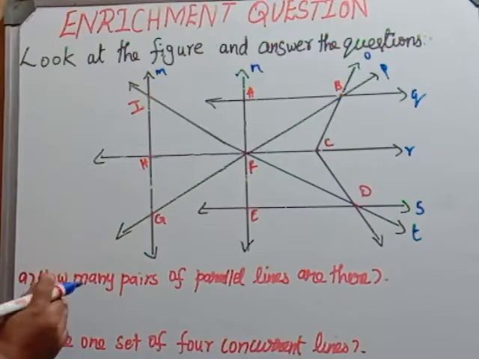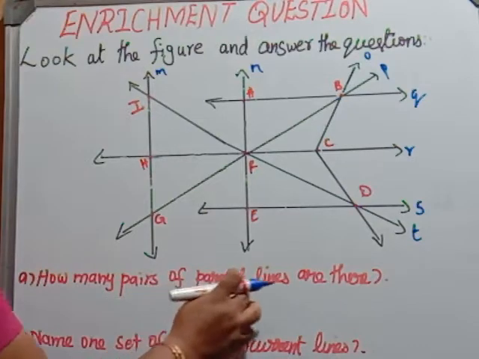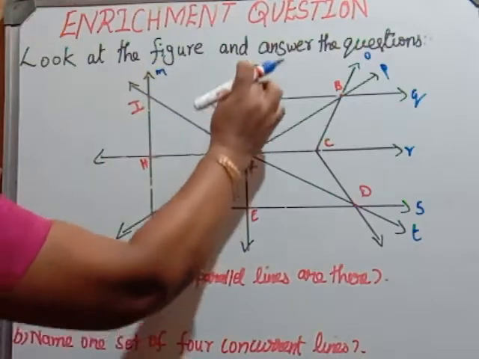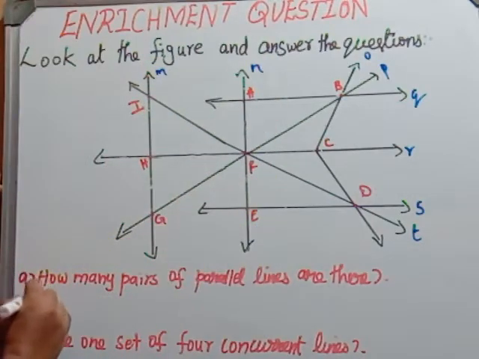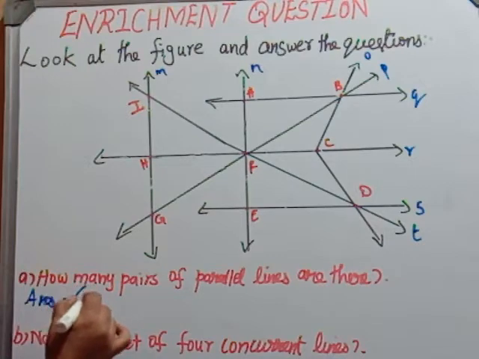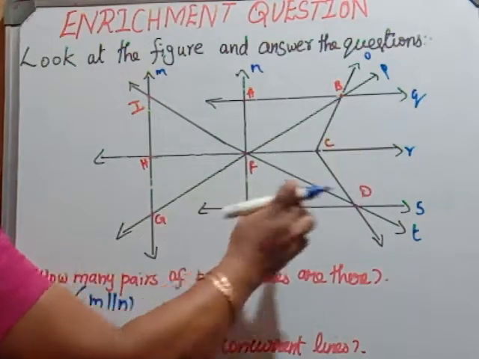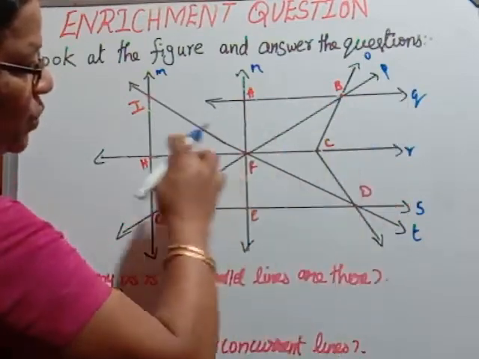Now, first question. How many pairs of parallel lines are there? Here, which are parallel lines? Line M is parallel to N, first one. Then, these two lines are parallel.